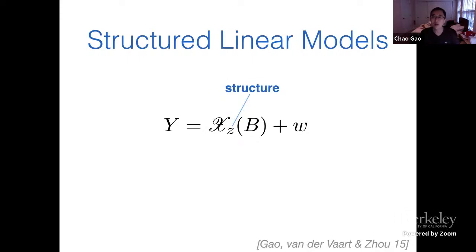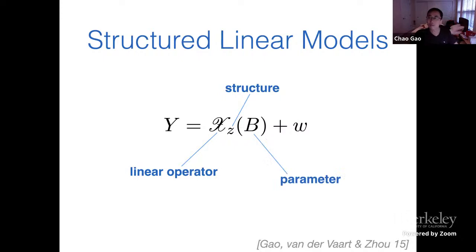Here, Z stands for the clustering label in the Gaussian mixture model, and in the context of phase synchronization, it is just a vector of n angles that you are trying to estimate. Then we have the second component, the linear operator. I use the notation script X to denote that. The linear operator is indexed by the structure parameter, so if you change the value of Z, the linear operator will be changed. And finally, we have the parameter.